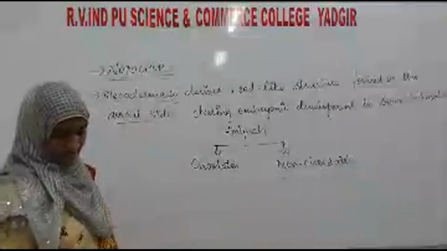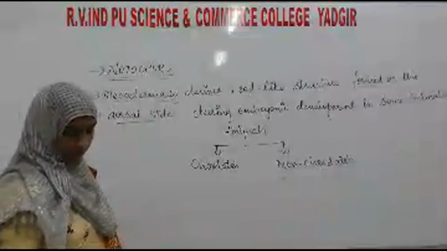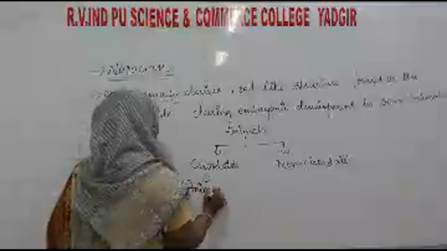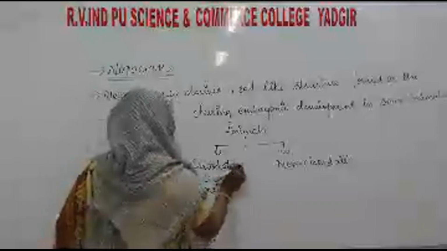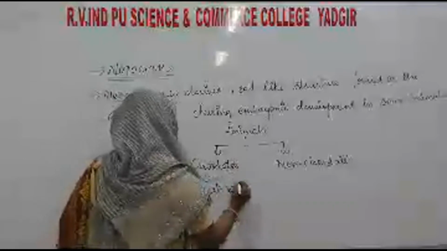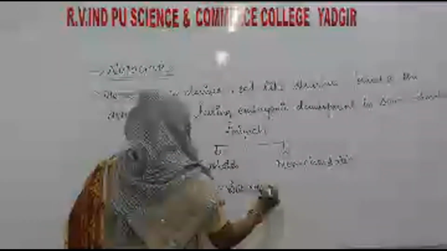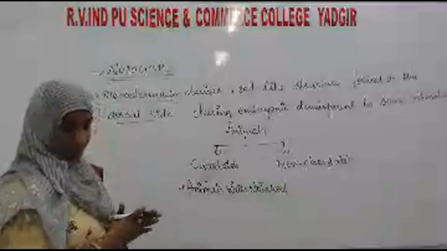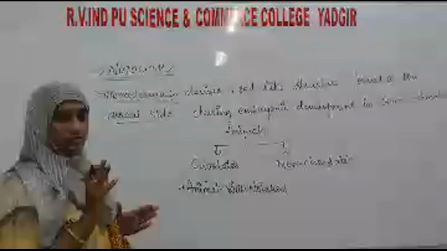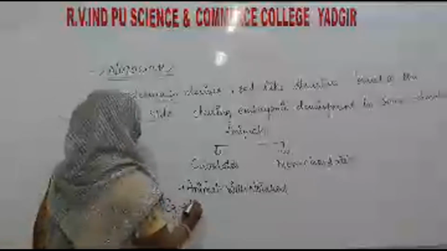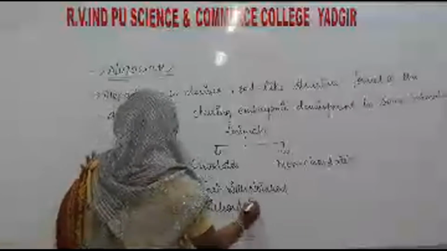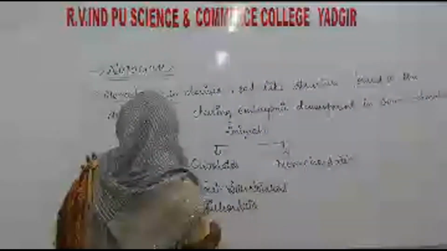Chordates means animals with a notochord. Animals with notochord are called chordates. And what are the examples? That is Hemichordata and one more, Chordata.